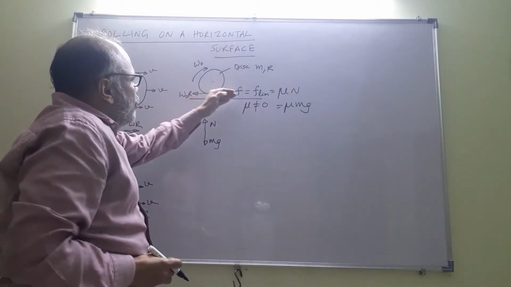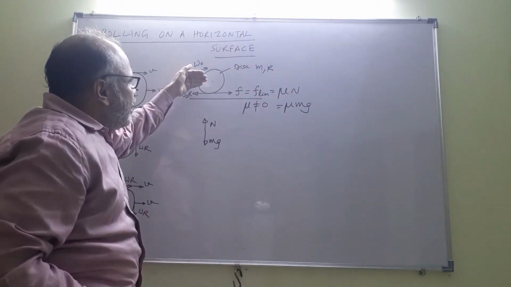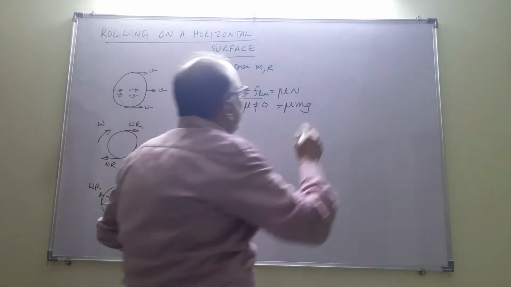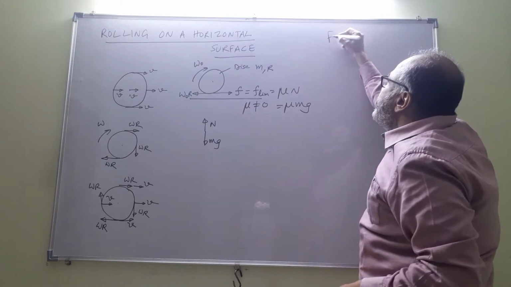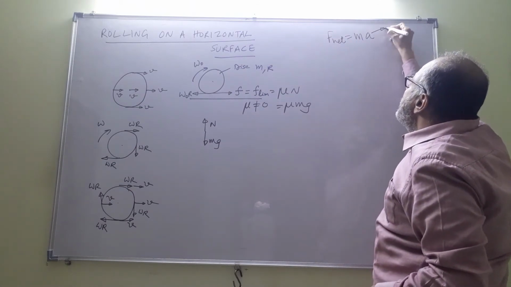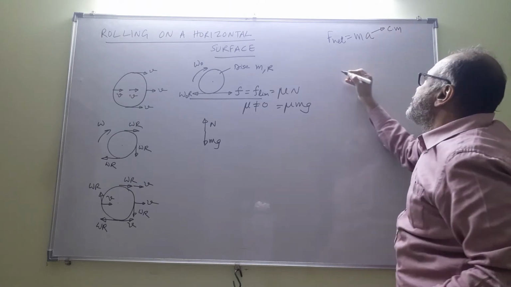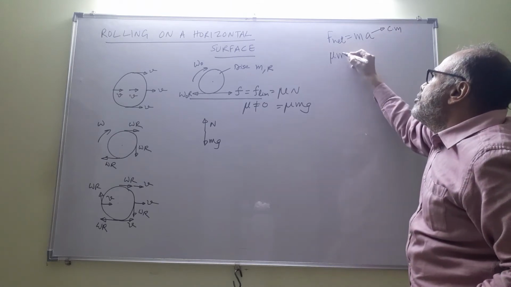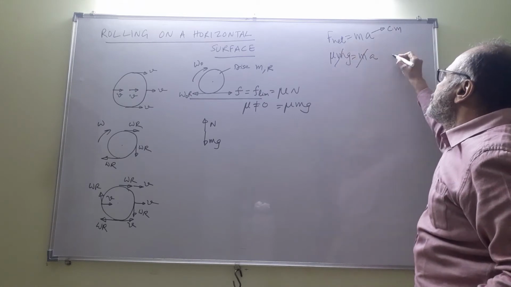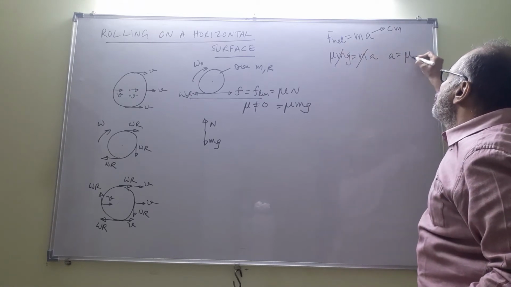This frictional force will cause the center of mass to accelerate. In the horizontal direction, we can write F net equals ma, where a is the acceleration of the center of mass. F net is mu mg equals ma, so the acceleration of the center of mass would be mu g.